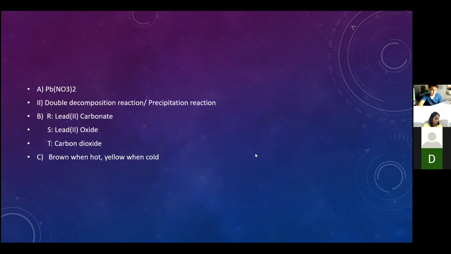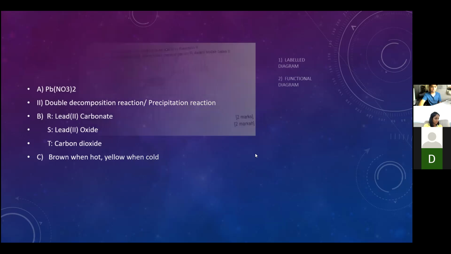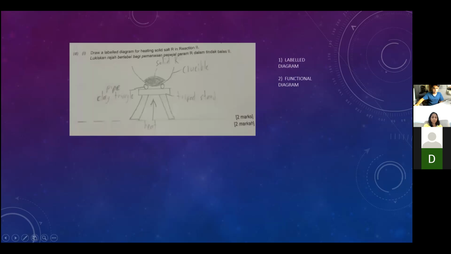Now next, they asked to draw a labelled diagram for heating solid R in reaction 2. We know this is just simple decomposition. The most important thing is we must make sure we have our crucible, pipe-clay triangle, and tripod stand, and then one more.